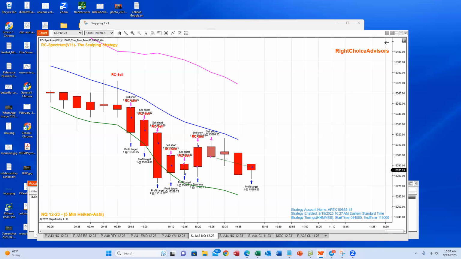So if you can make $500 on a performance account or on a sim account with the given timings, then you can make the same $500 on your individual account. So don't think that, oh, I'm not able to make money. You have different ways to make money.